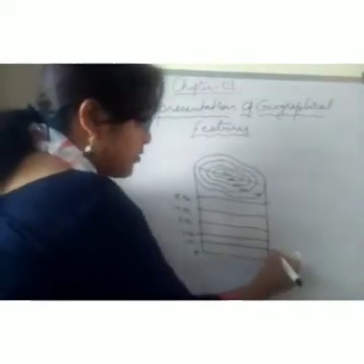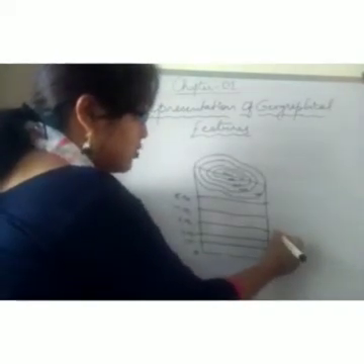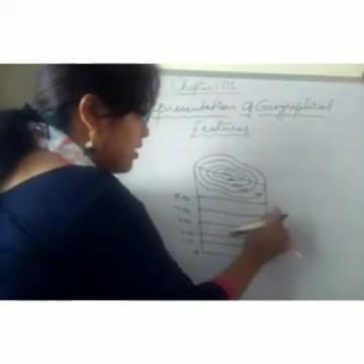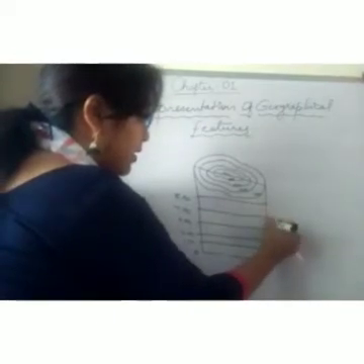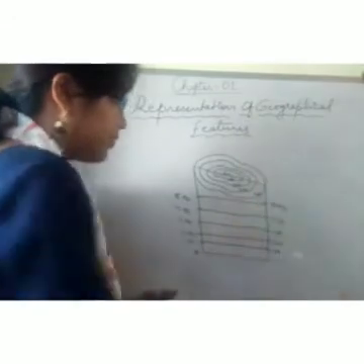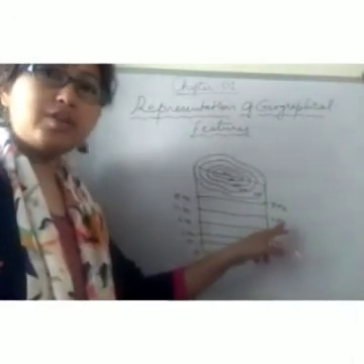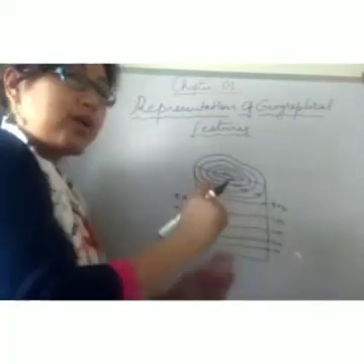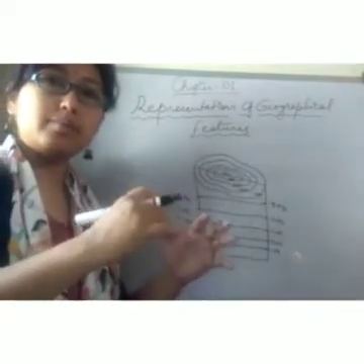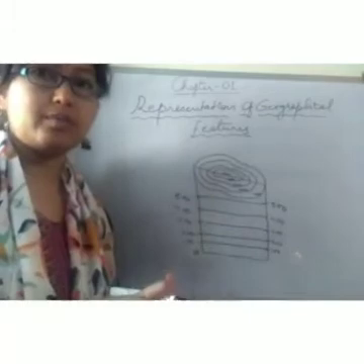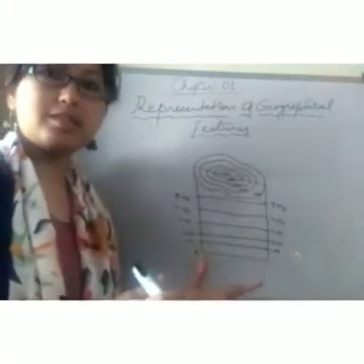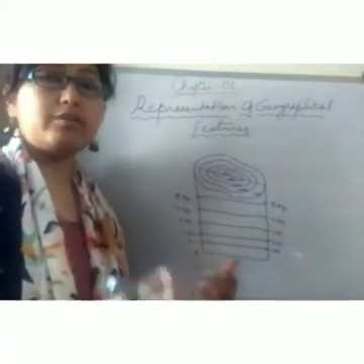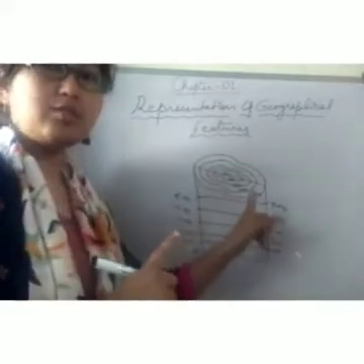So same here: 100, 200, 300, 400, and 500. The upper limit is 500 only. Why? Because the last contour height is 400. So we mark till 500 meter only, not more than that, because it's not necessary to go beyond 500, as the last limit is 400 meter.